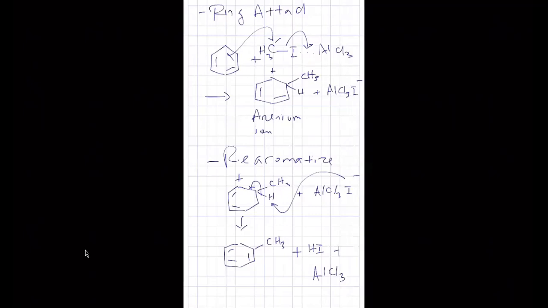The attack. Yes, the attack of the ring is going to be your slow step. Simply because when you break the aromaticity up, that takes a lot of energy, and so that's not going to happen readily, right? So that's going to be your slow step compared to the re-aromatization and then the complexation with the catalyst. All right.